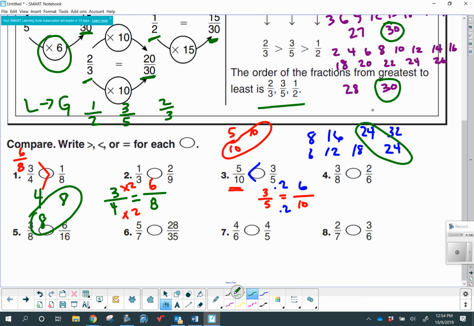I then can put 3/8 equals how many 24ths? I'm going to think to myself, 8 times what is 24? The answer is 3. 8 times 3 is 24. 3 times 3 equals 9. So we have 9/24. 2/6 equals how many 24ths? 6 times 4 is 24.